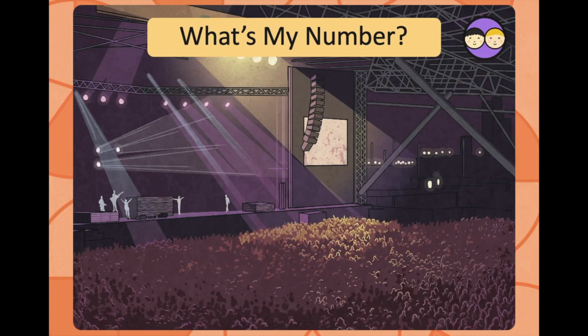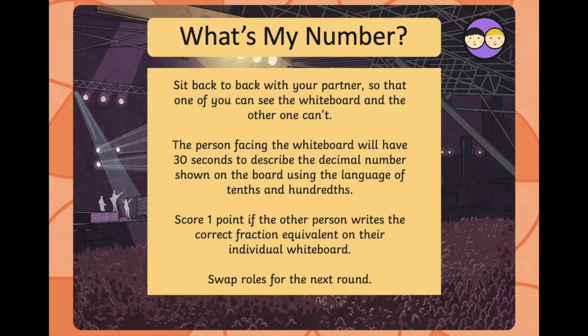So now we're going to play a game called What's My Number? You'll need to involve either a sibling or an adult in your house for this one. You need to sit back to back with your partner so that one of you can see the computer screen or iPad, however you're watching this, and the other one can't. The person facing the screen will have 30 seconds to describe the decimal number shown on the board using the language of tenths and hundredths.